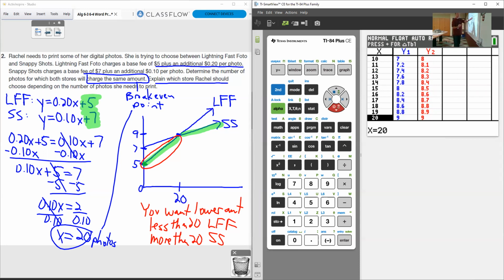When we get to 20, notice that they're equal. We have 9 and 9. That's your break-even point. You can look at your table and see where they're equal to each other. And then once we get past 20, notice what happens. Notice now my first column is higher than my second column. So now the better deal, the lower price, is the second one, which is snappy shots.